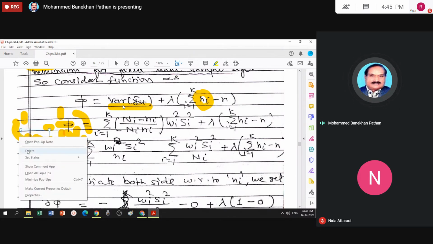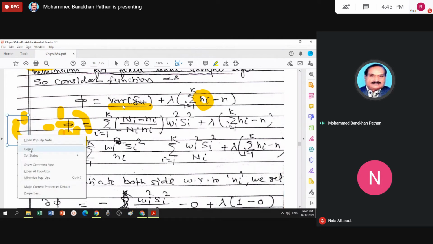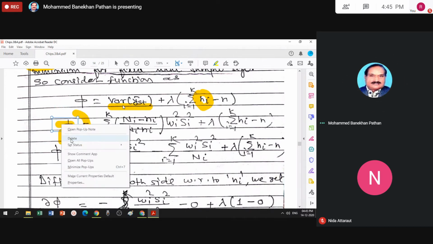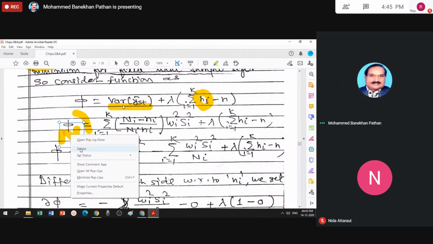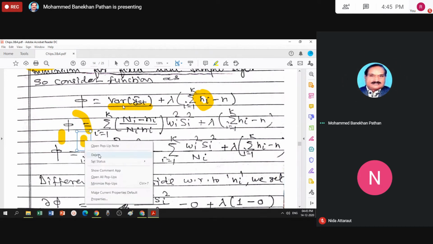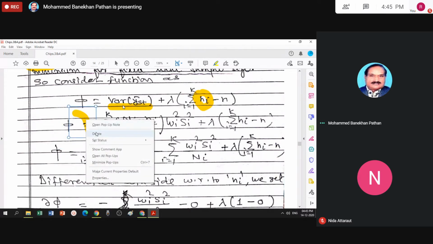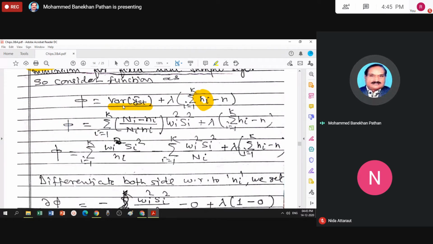Why do we get this type of simplification? So after this, we go ahead, plus lambda times summation i equals 1 to k ni minus n.